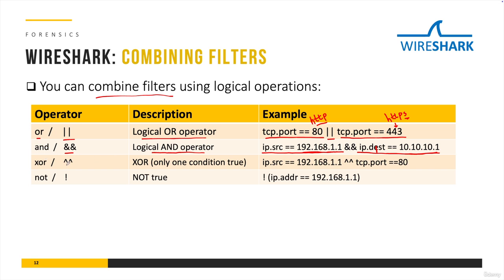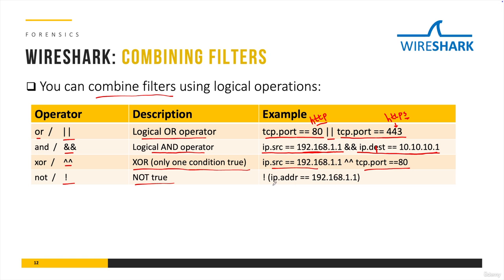Similarly, you can also use the XOR operator, which is a bit weird one. Just to explain, in OR, either this could be true or this could be true, right? But in XOR, only one of them has to be true. If both are true, then this becomes false again. Anyways, we also have the NOT operator, basically not true.